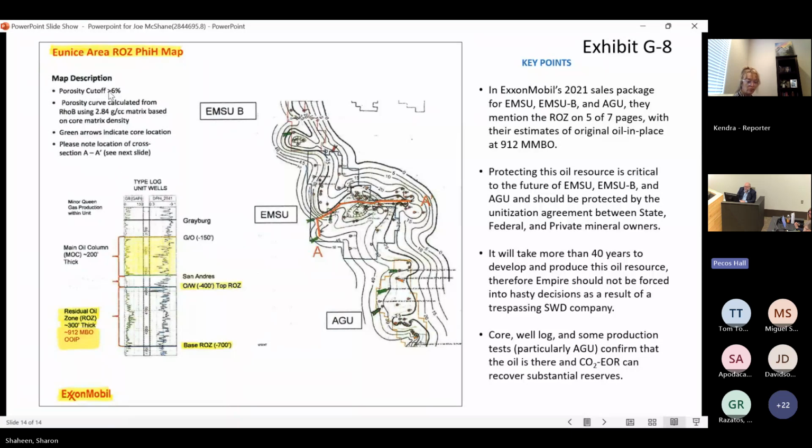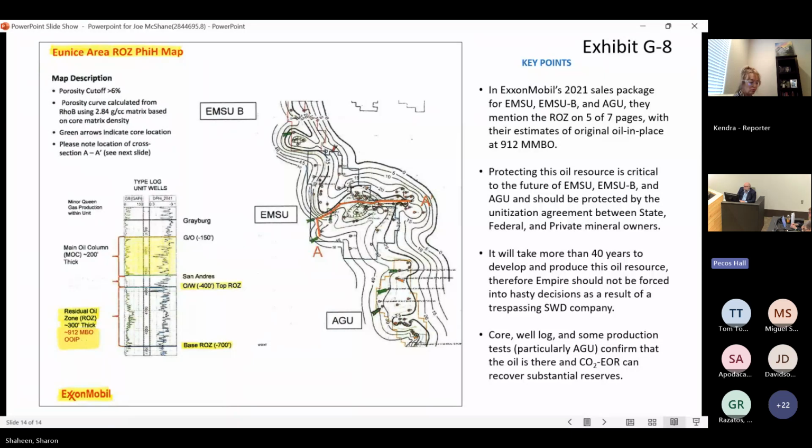But the key thing is also look at the fact that their calculated oil in place for the San Andreas ROZ is very similar and on trend with what two independent analyses within our group, done by Ops Geologic and by NewTek, show, that we still get in the same range of that 900 million barrels to 1,000 over.